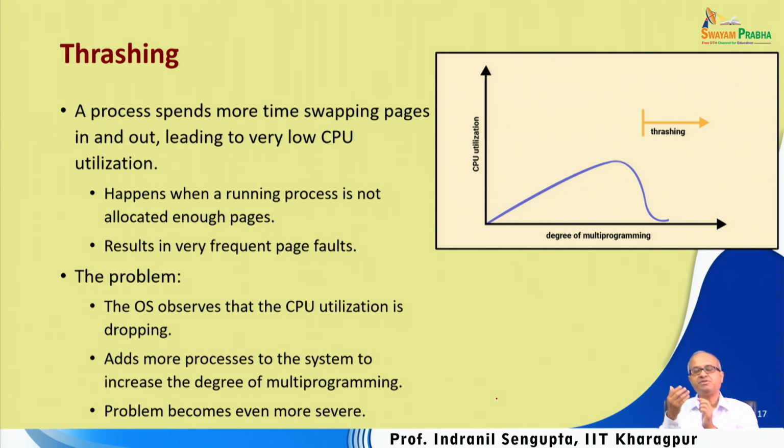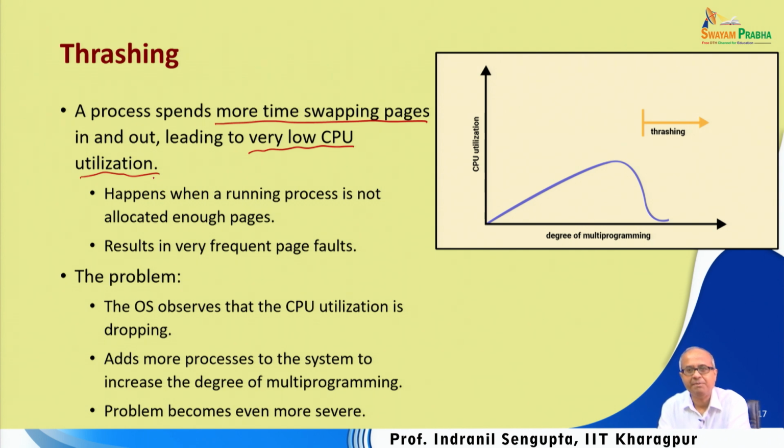So, the performance of the process becomes very slow, because most of the time you are incurring disk access which is of the order of milliseconds as compared to nanoseconds for memory access. So, essentially a process spends more time swapping pages rather than actually accessing memory and executing, which can lead to very low CPU utilization.